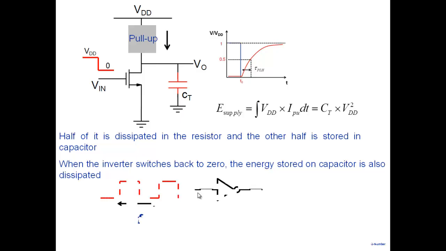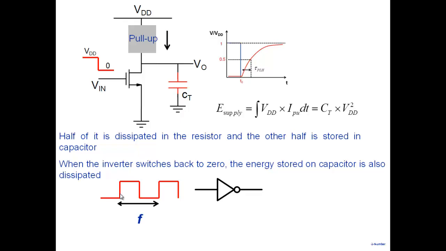So the total, if I continuously apply a clock to my inverter like this, this transition will cost me how much energy? Half CT VDD square. Because when you go from here to here, this has to fall from whatever. And when you go from here to here, you again lose half CT VDD square. So how much energy do you draw in one clock cycle?